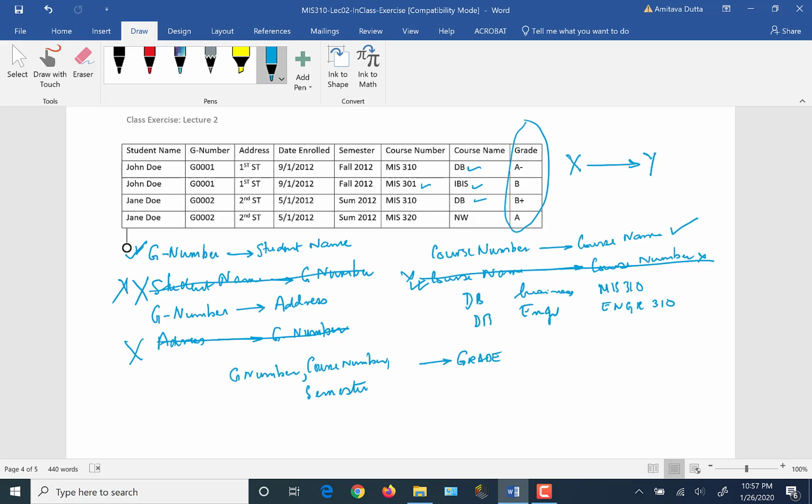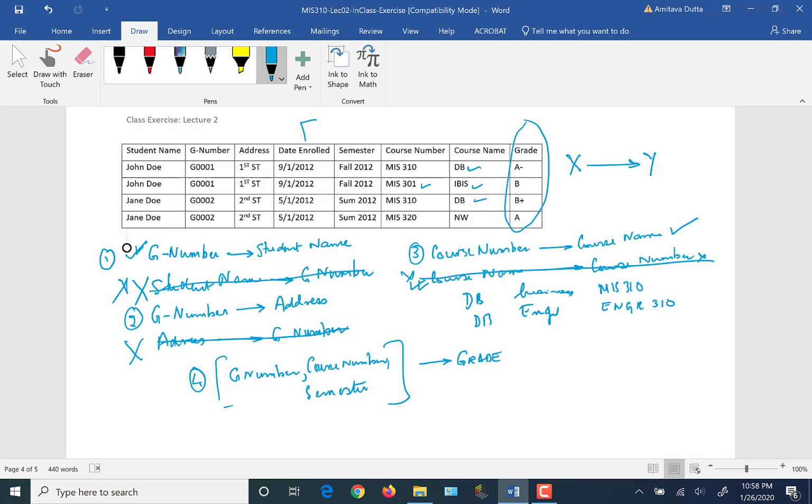Once I know the semester, the course number, and the G number, then I can determine the student's grade. So here are some functional dependencies. We found this one, a second one, a third one, a fourth one. And there could be others.